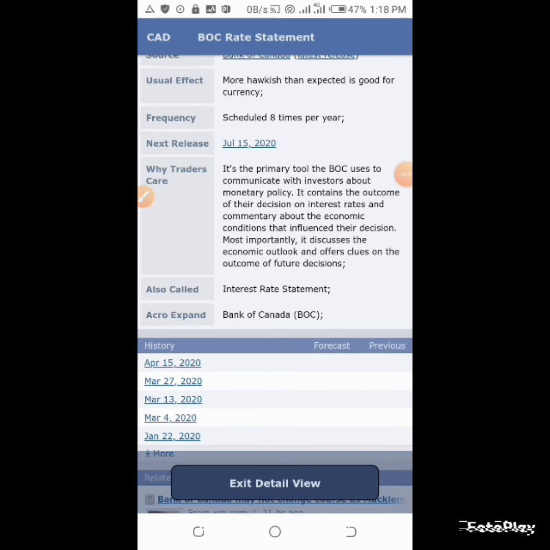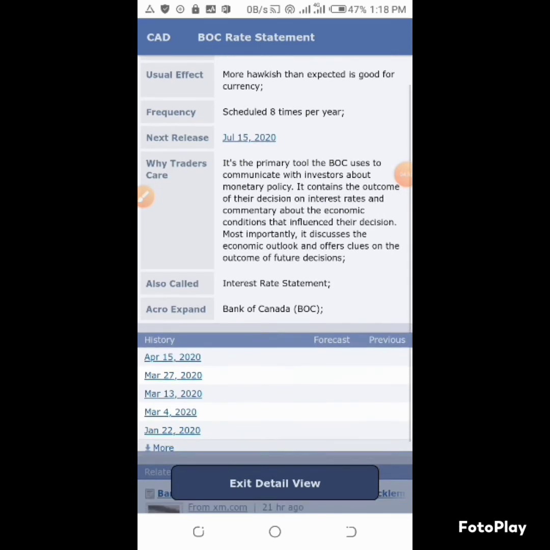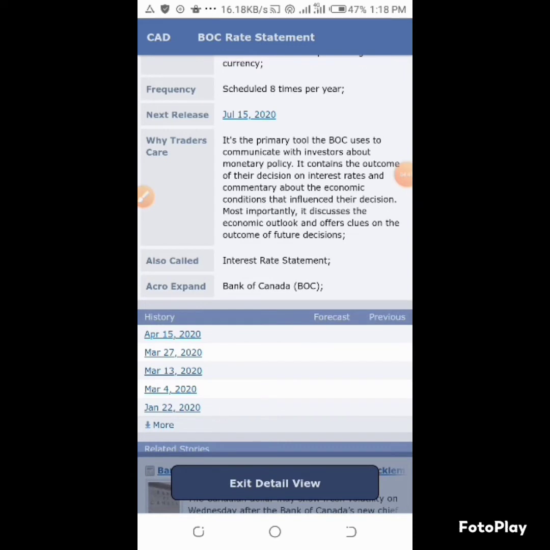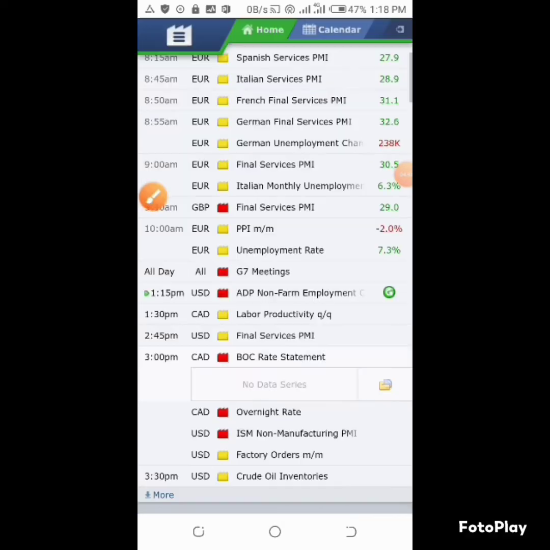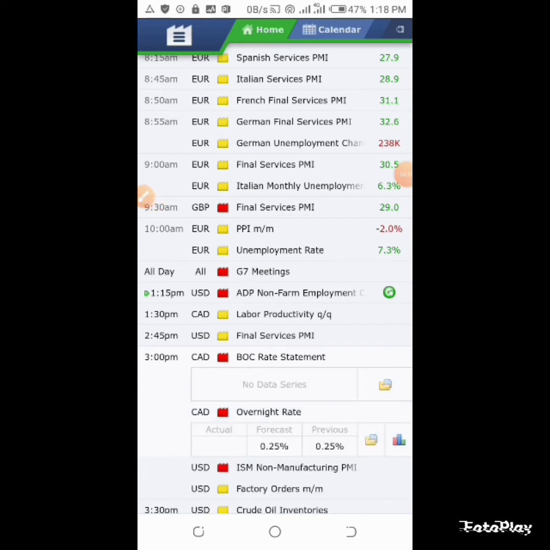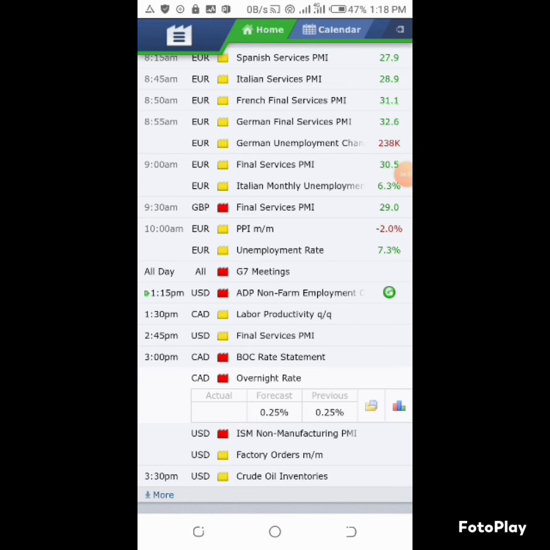So the hawkish there is telling you that if interest rates increase, then the demand for that currency is going to increase, because investors are going to start looking for that currency. Meaning that if an investor gives you his money to invest, the interest that you're going to pay him is going to increase, and he is more likely to give you the money to invest.